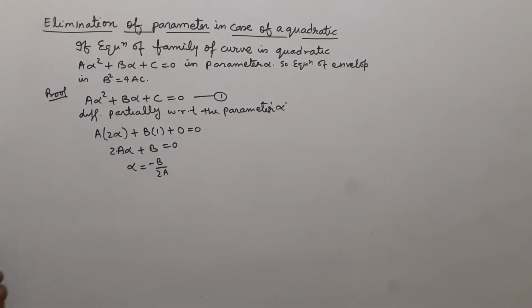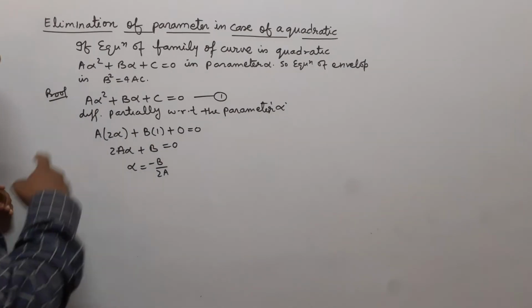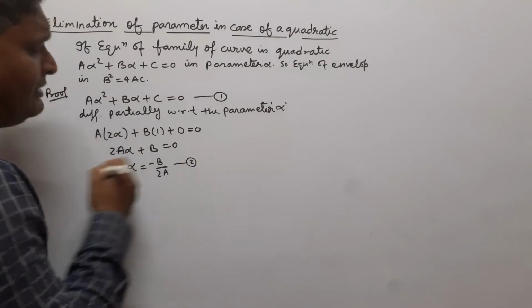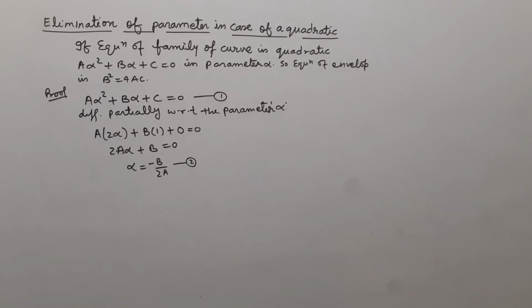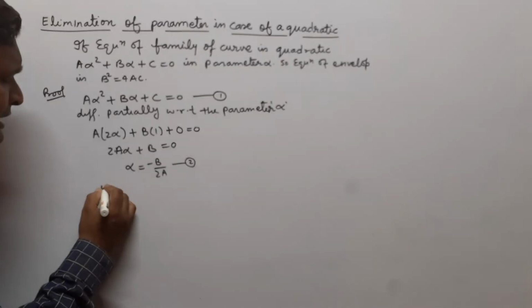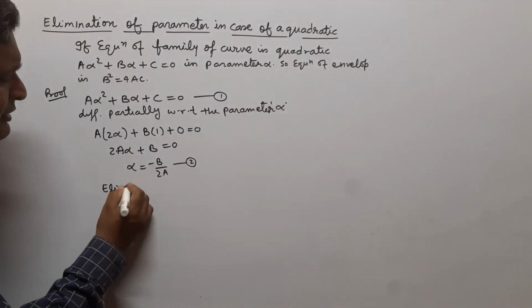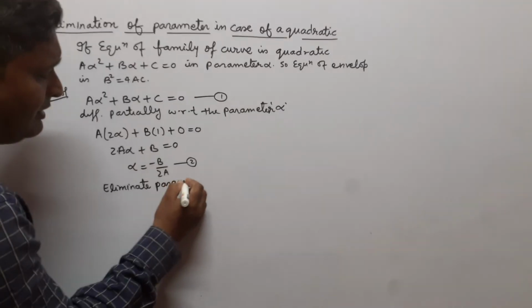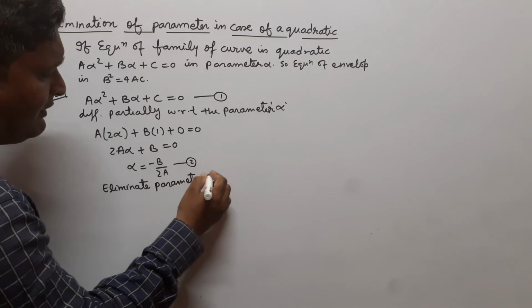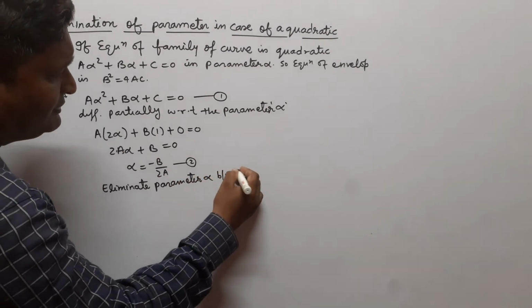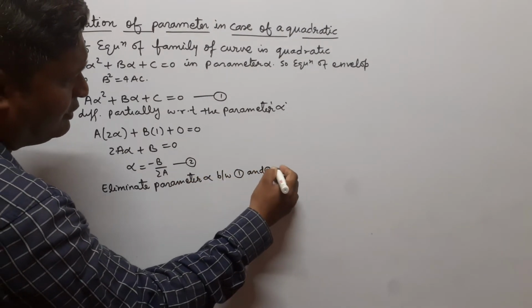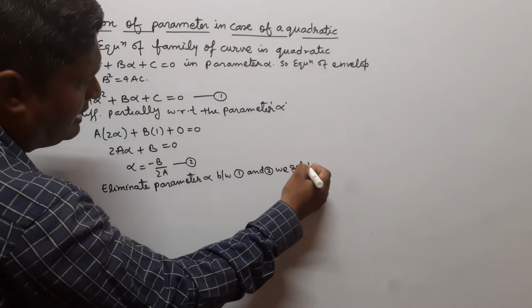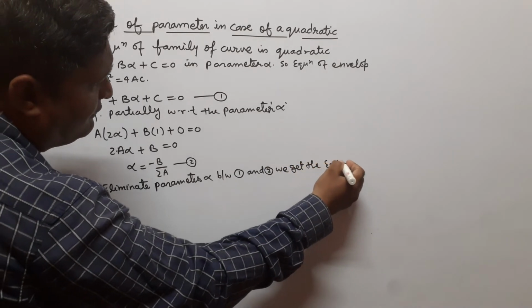Now we eliminate alpha between the first and second, and we get the equation of envelope. So eliminate the parameter alpha between the first and second, and we get the equation of envelope.